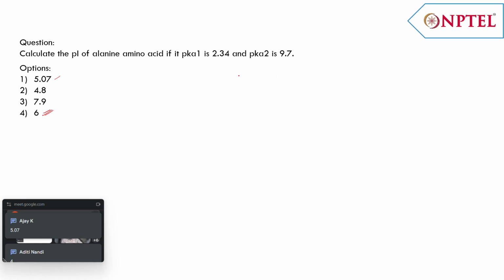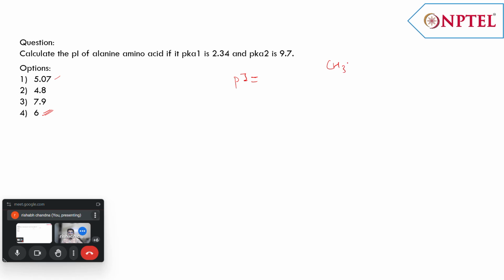Okay. So first of all, how do we calculate the isoelectric point? In case of alanine, we would have only two pKa values. So this is CH3, we have NH2. So we would have a pKa value of this and this. The pKa value of COOH will be 2.34 and for NH2 it will be 9.7.